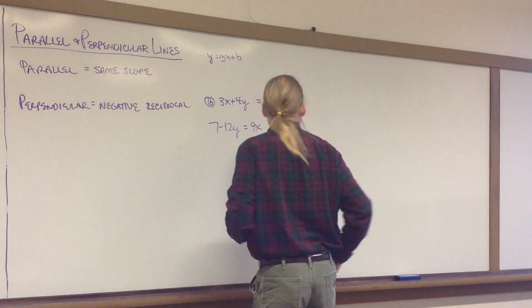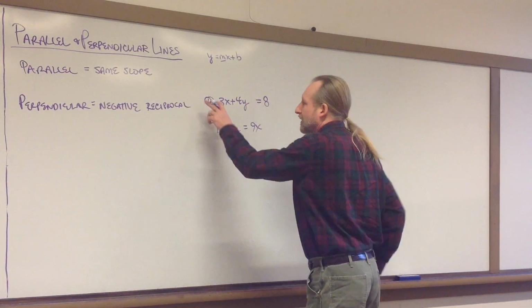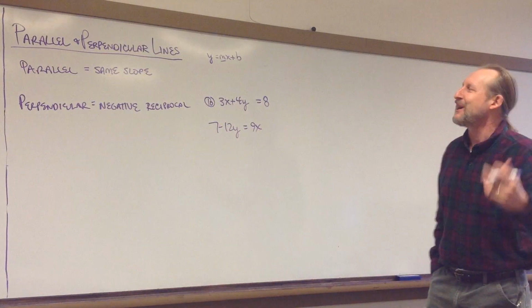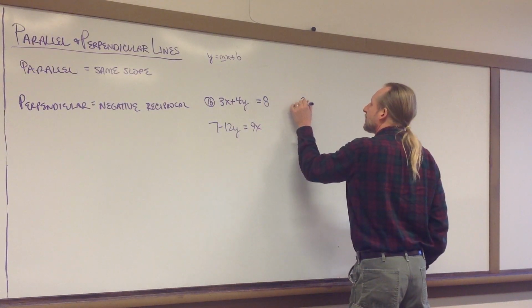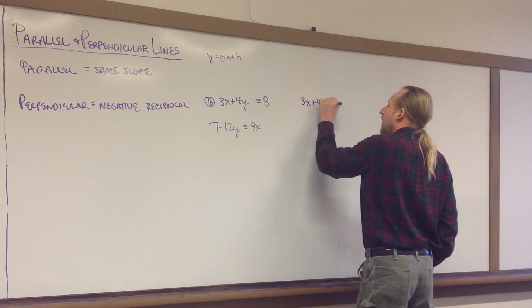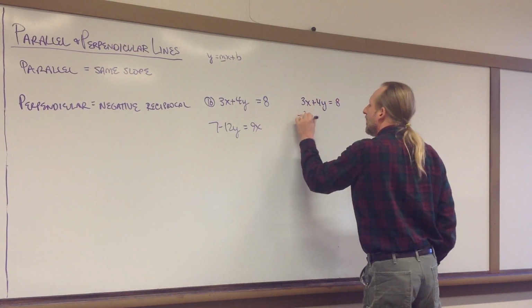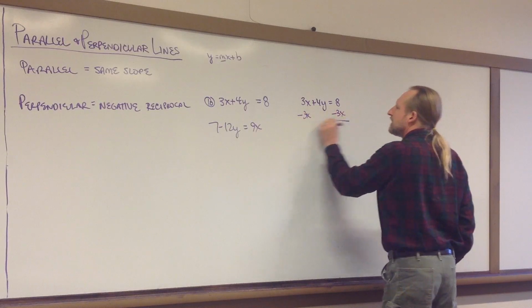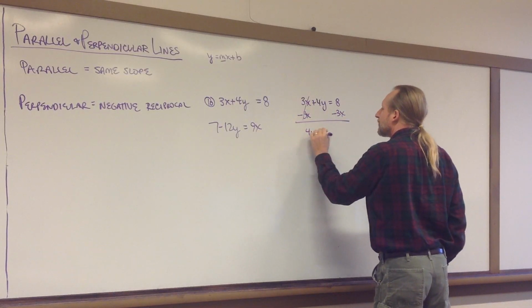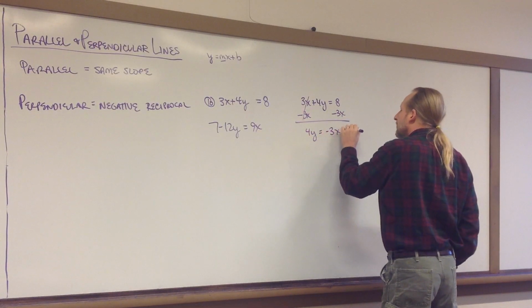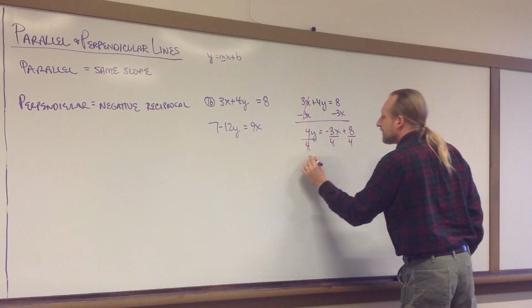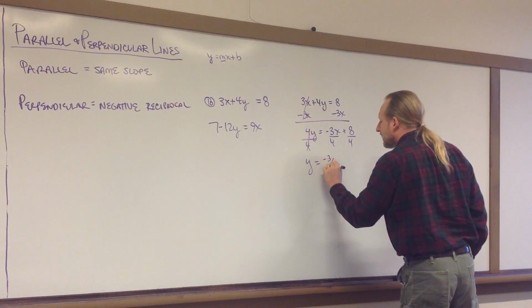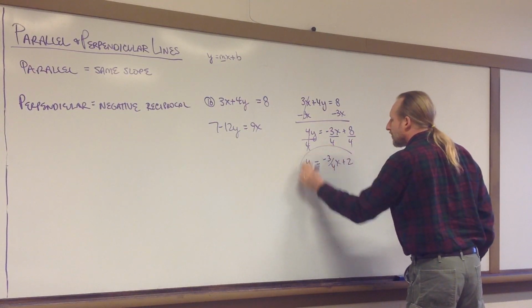I didn't write the word slope on here, but I will when I get some space. Okay, this is all about slopes. All right, let's see. So take our 3x plus 4y equals 8, and let's get the y by itself. So I'll move the 3x over here, and then divide everything through by 4. So this is negative 3/4 x plus 2.